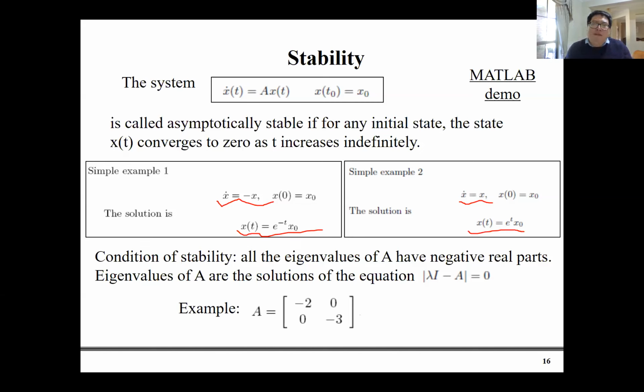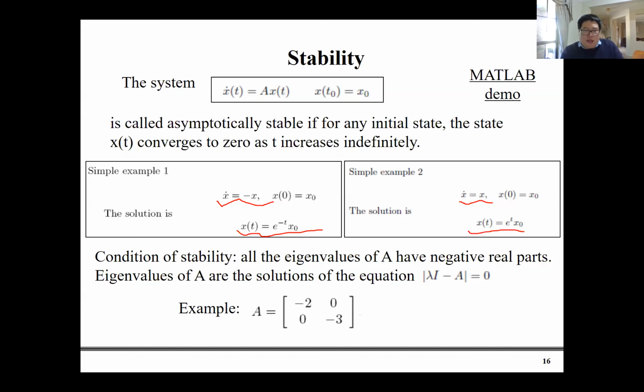If the state can converge to 0 as time increases, then that is stable. And how to test it is you just get the matrix A out, nothing about B, C, and D, just A, and calculate the eigenvalues of A. And if all the eigenvalues are negative, then the system is stable. All right. So that's the stability.